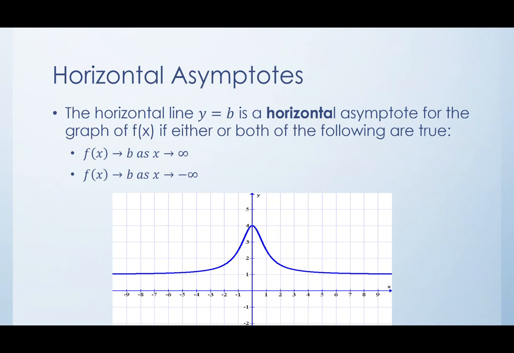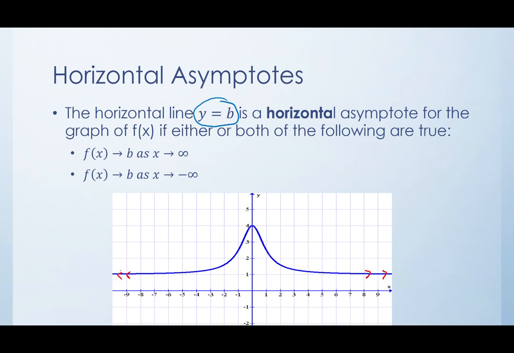So our horizontal line, y equals a number, is a horizontal asymptote for the graph of f of x if either or both of the following are true. Either the function approaches some value b as x goes to infinity, in other words, as we go off far to the right, or f of x approaches b as x goes to negative infinity.